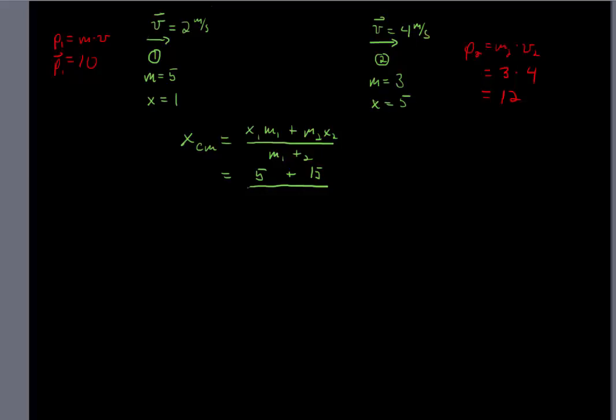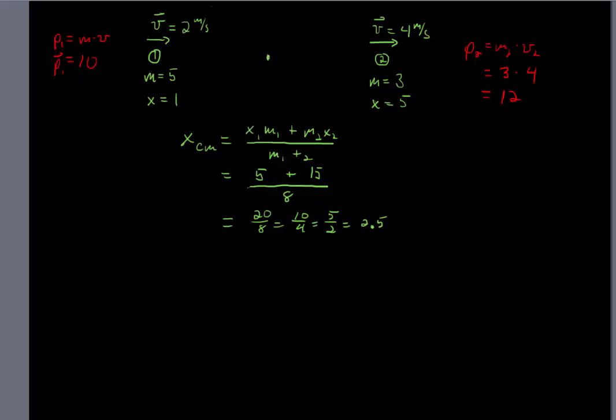So 5 plus 3 would be 8. We get 20 divided by 8. That's 10 over 4, which is 5 over 2, so 2.5. So my center of mass is going to be, there's 1, there's 5, this is about 2.5, so it's right there. So my center of mass will be right there.